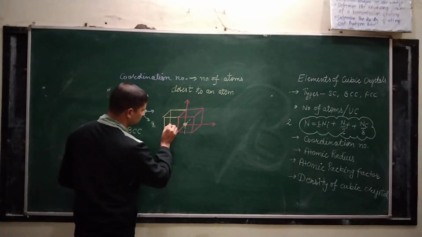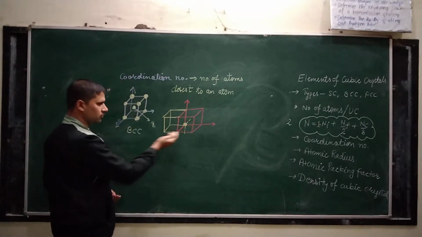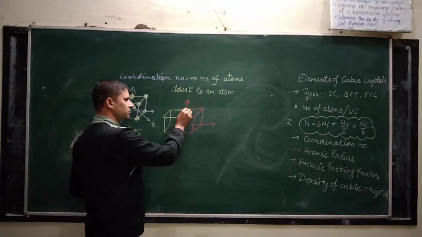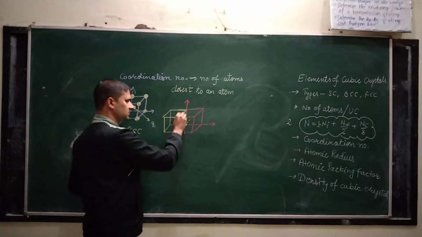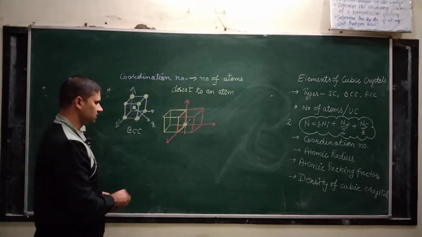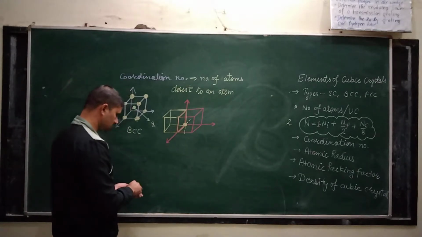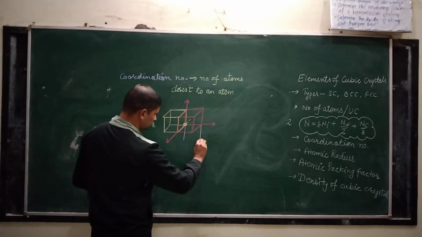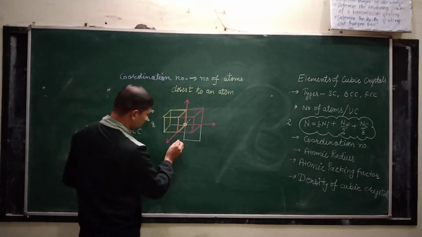And if you extend it along the negative y direction, this will be the cube, and this is the common face to both. In the same way, you can make a cube below it, and this is the cube.